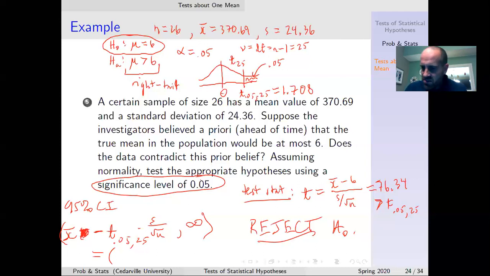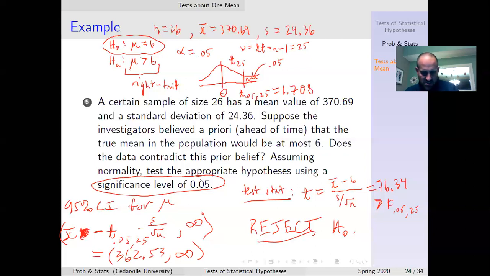And I get 362.53. Okay, so the left end is 362.53, infinity.